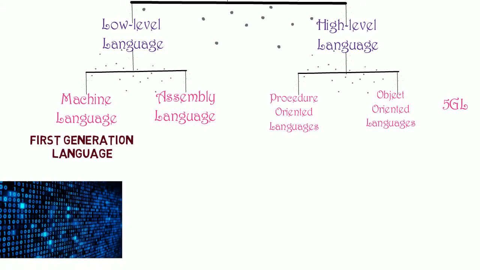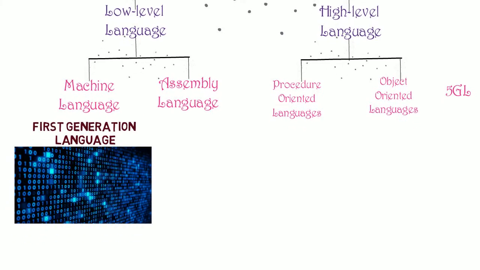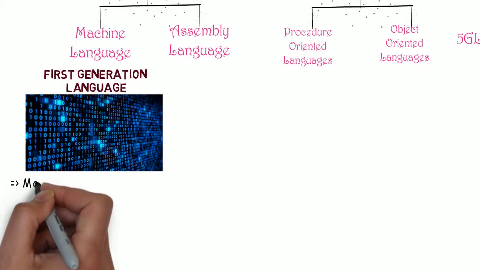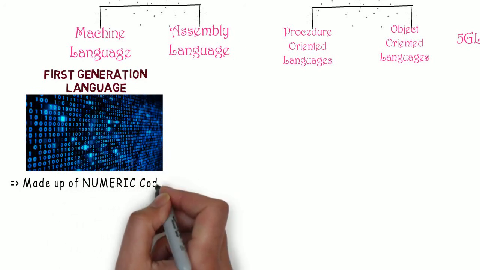As earlier mentioned, the computer only understands one language, and that language is called the machine language or the machine code. Machine code are simply a set of binary digits of zeros and ones. A machine language is made up of numeric codes, which are strings of ones and zeros.